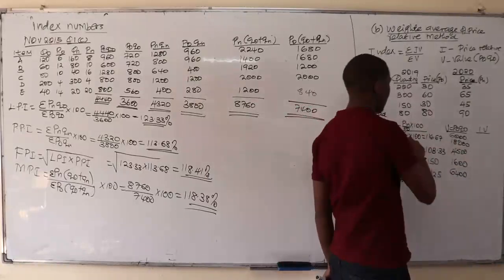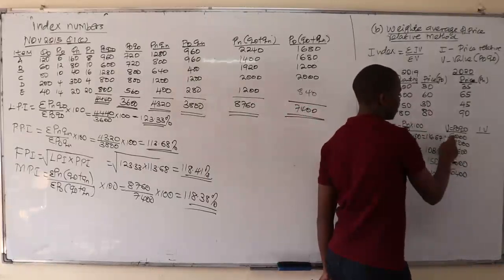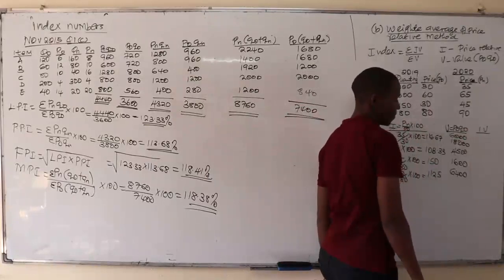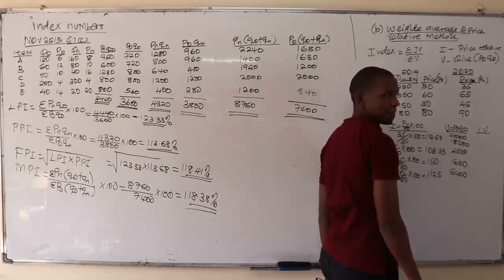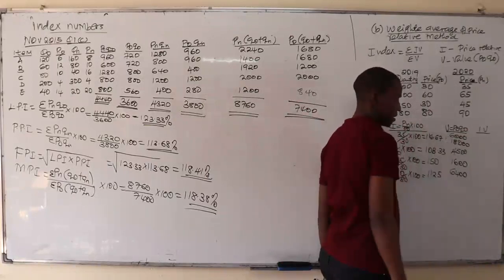With that, we can now get the last one. Take the index and multiply by V: 116.67 multiplied by 6,000.